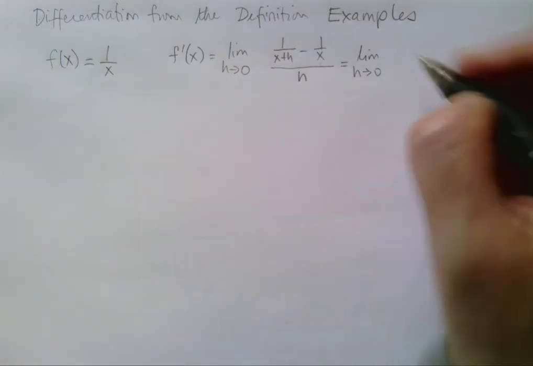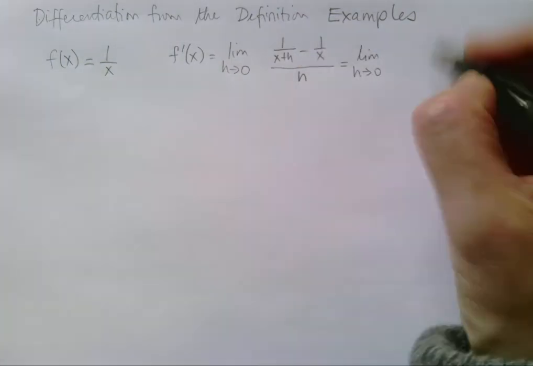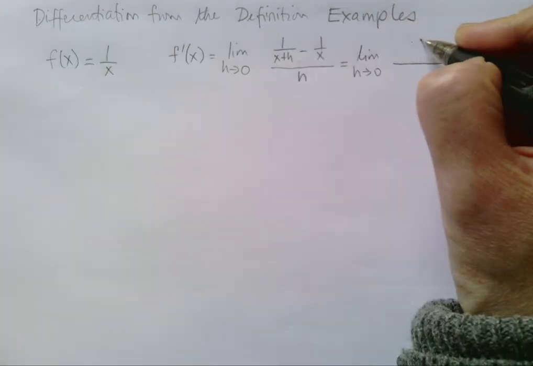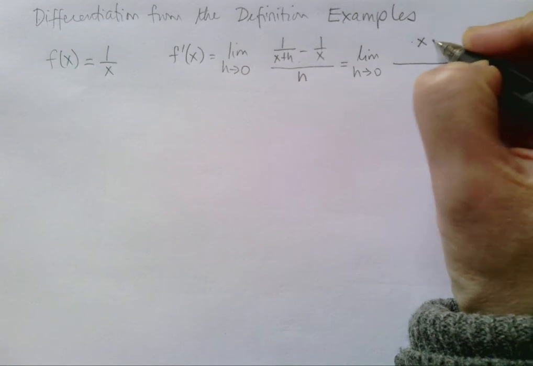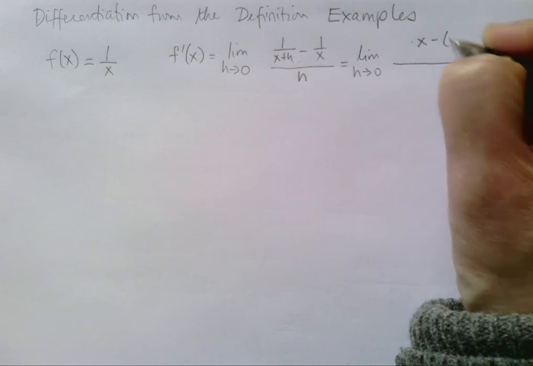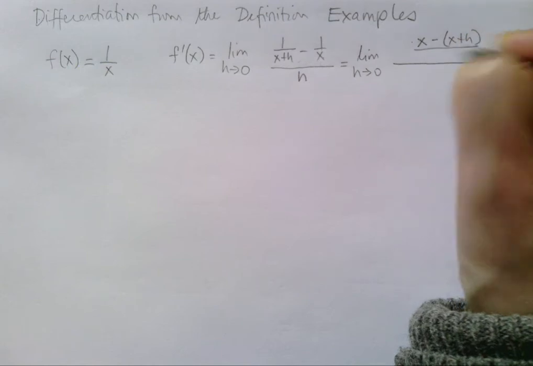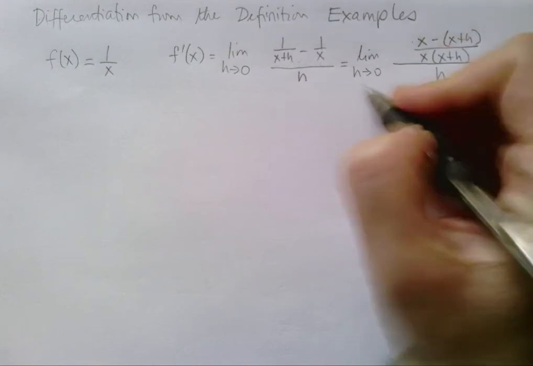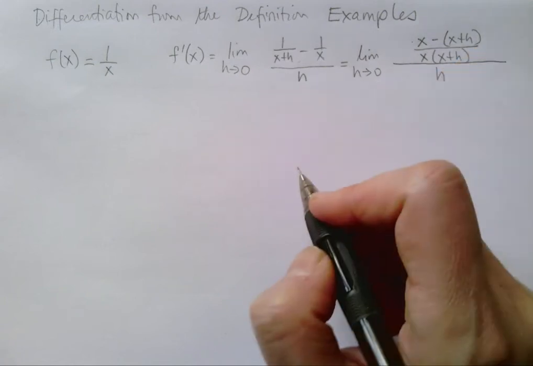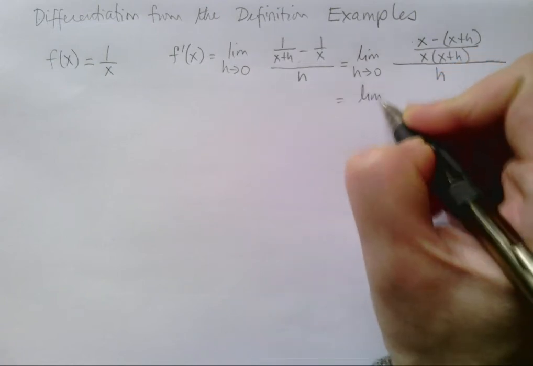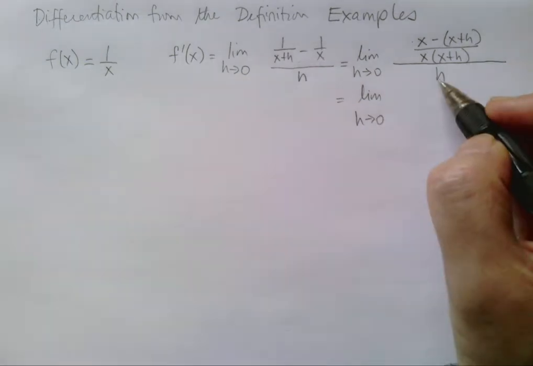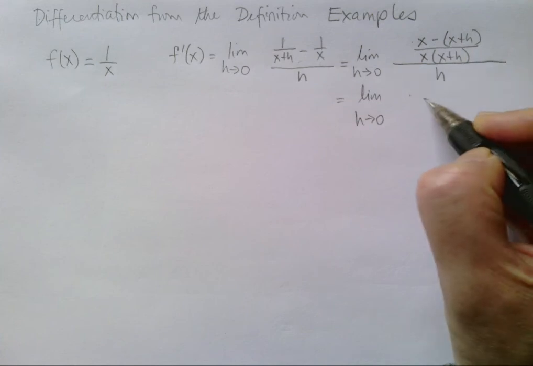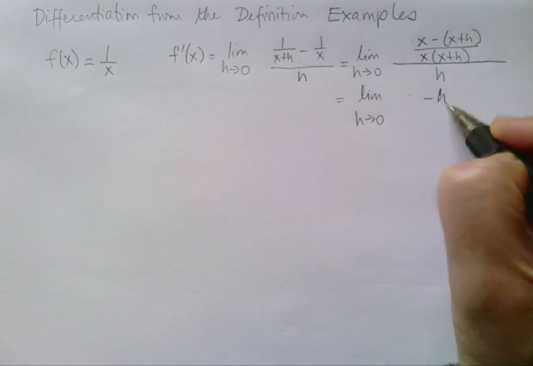Just using algebra, we know that we need a common denominator. So the numerator should equal x minus (x plus h) all over x times (x plus h), over h, which of course equals the limit as h goes to 0, again with more algebra, of minus h in the numerator.